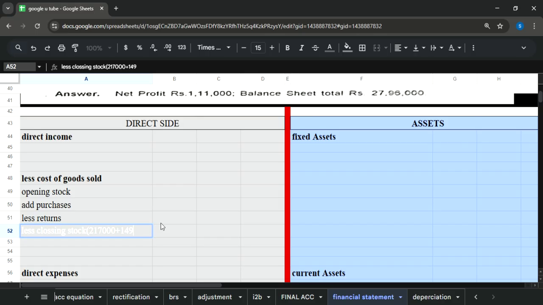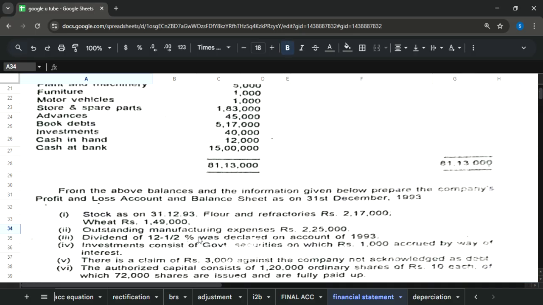In this way, we will be writing the closing stock total amount. Collectively we have 366,000: 217 plus 149.